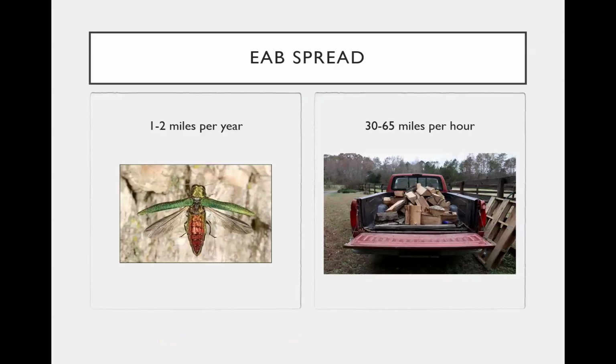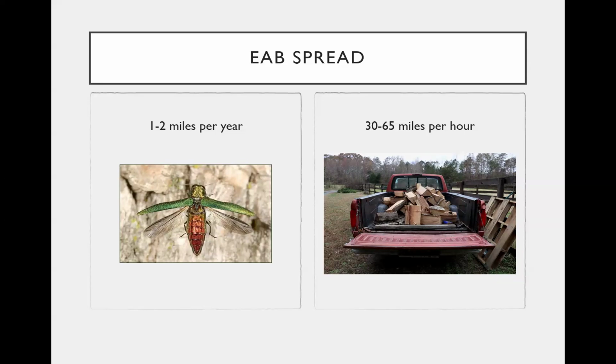And then I mentioned this before also, but emerald ash borer spreads either with the larva moving, or the beetles moving 1 to 2 miles a year. Most often, we notice that it has spread throughout the state in the last, it was first found in Vermont in 2018.